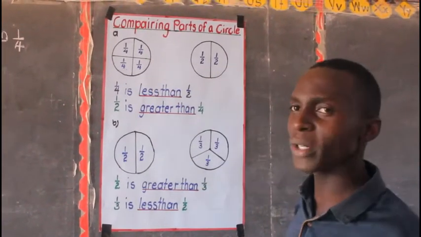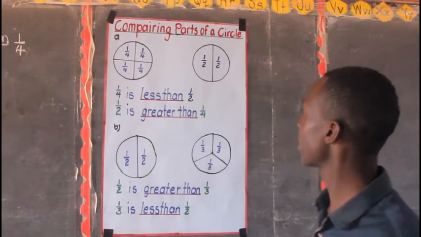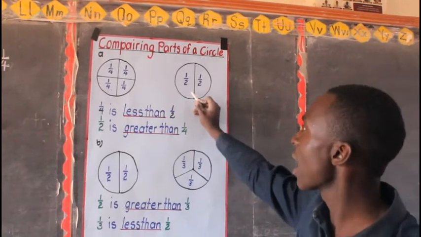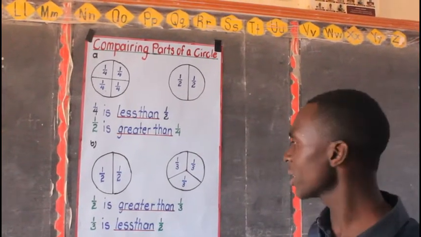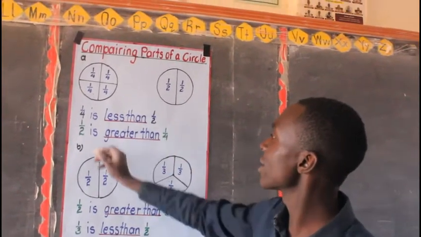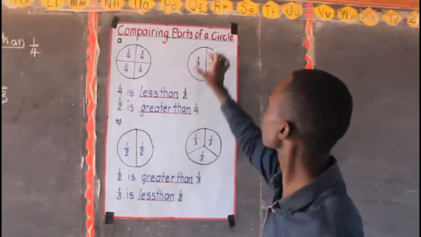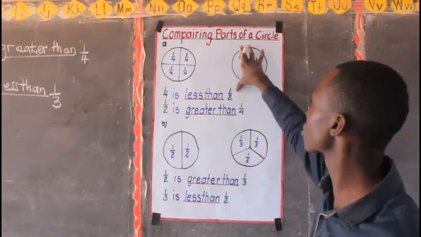Which part is greater than the other and which part is smaller than the other? You will see that this quarter is small and this half is slightly bigger. So we can say that a quarter is less than a half, and this one is greater than this one.